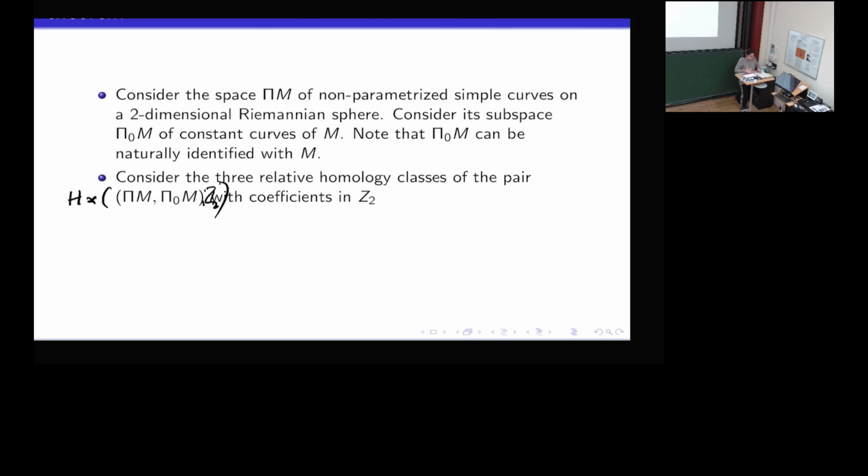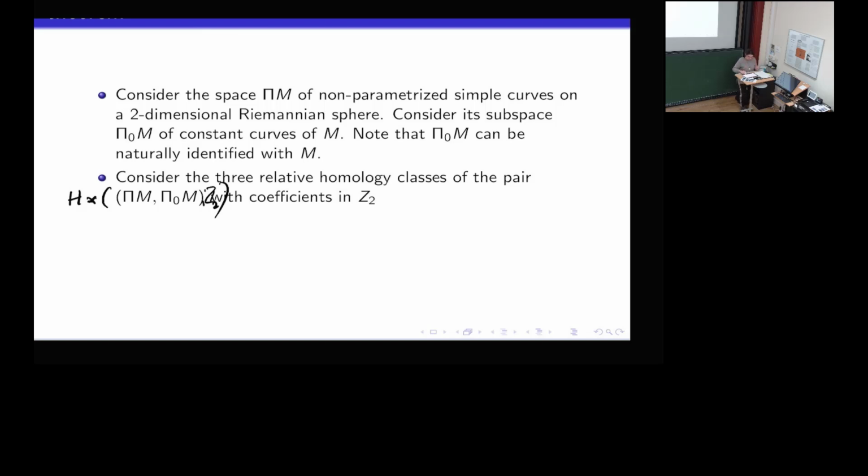The reason we consider this with coefficients in Z2 is that in this particular case, we will have three non-trivial homology classes, in dimension 1, in dimension 2, and in dimension 3. And in fact, we know the representatives.